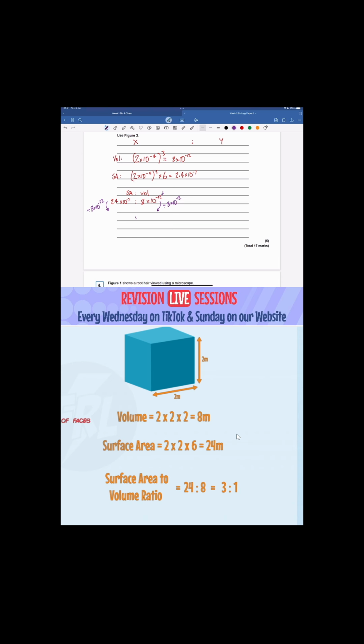That's just 1, because you're dividing it by itself. On this side, can someone do that? 2.4 times 10 to the minus 7 divided by 8 times 10 to the minus 12. What is this number divided by that number? Anyone got the value there?